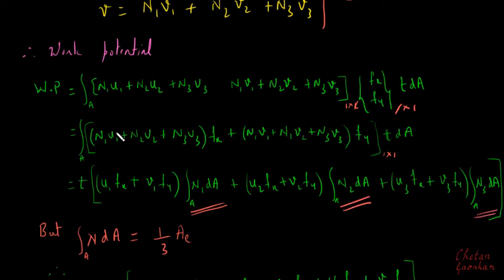So basically this arrangement has been done in such a way that I can easily bring out these shape functions n1, n2 and n3, and whatever terms are common with respect to those three shape functions have been clubbed together.